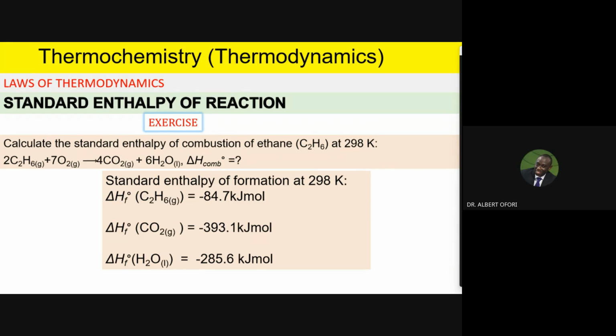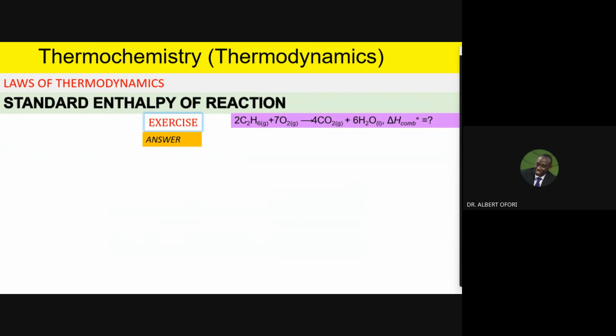Okay. Well, let's go through together if we are done. We are looking for the standard enthalpy of this reaction, which is ethane plus oxygen giving you carbon dioxide and water. That's a combustion reaction. We're given the standard enthalpy of formation for ethane.